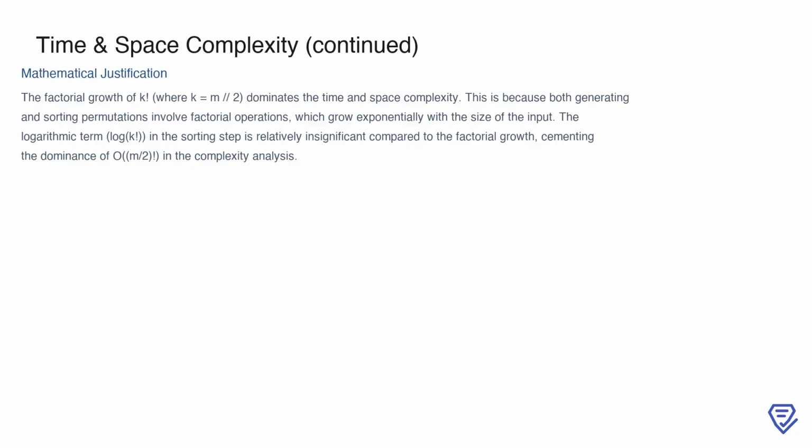While the sorting step includes a logarithmic term, log k!, this growth is negligible compared to the rapid increase of k!. As a result, the factorial growth of (m/2)! dominates the overall complexity. This explains why the solution's efficiency is heavily influenced by the length of the input string, particularly its left half, making the factorial cost the key driver of both time and space requirements.